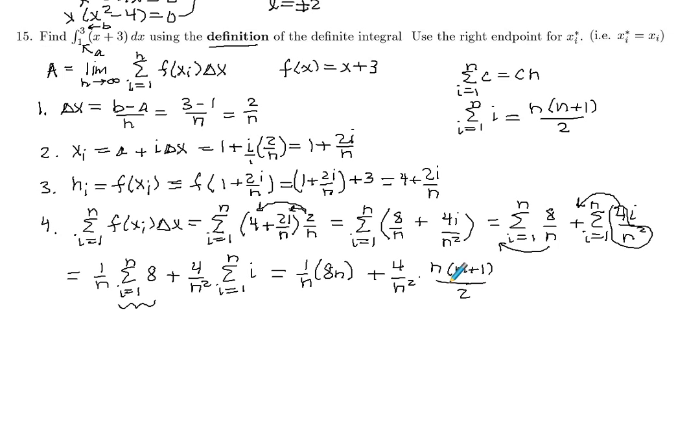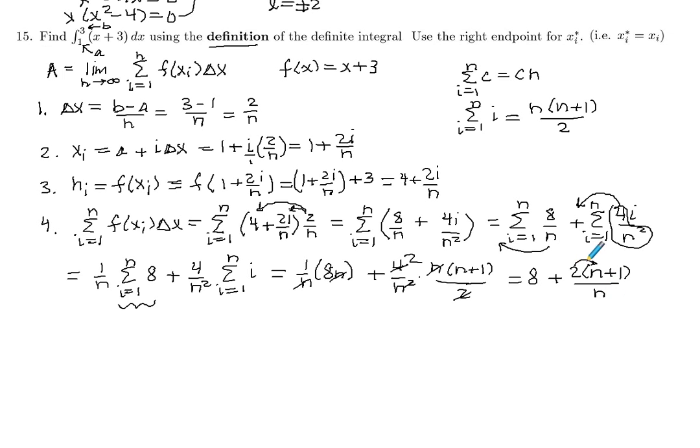And then simplify as much as you can. n cancels one of those here. 2 goes into 4 two times. And then n and n cancel there. So we just got an 8, plus 2 times n plus 1 over n.